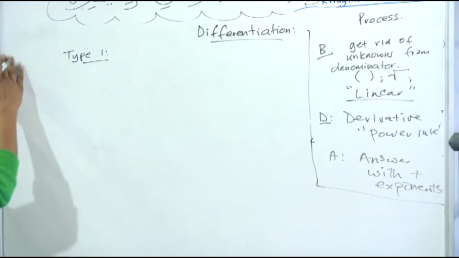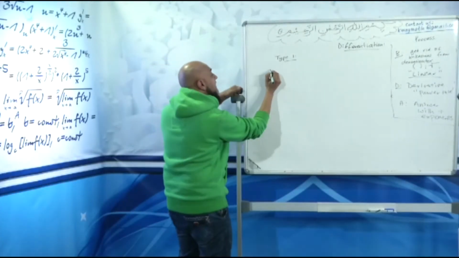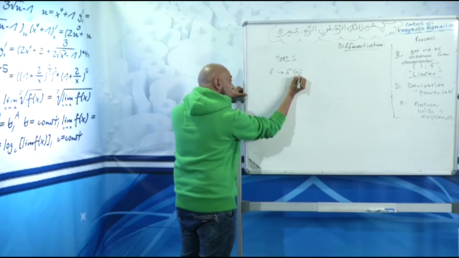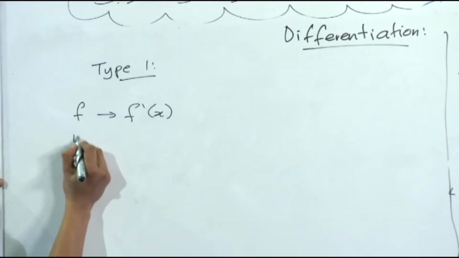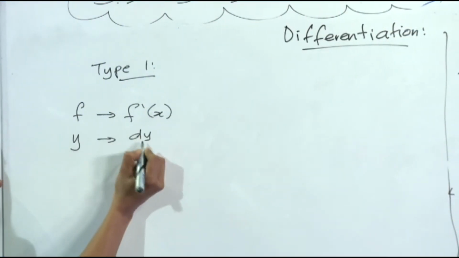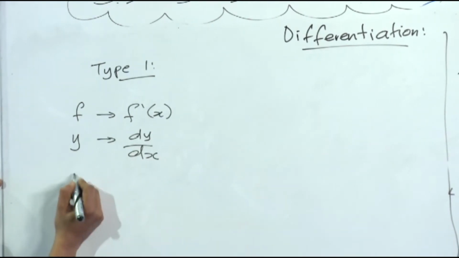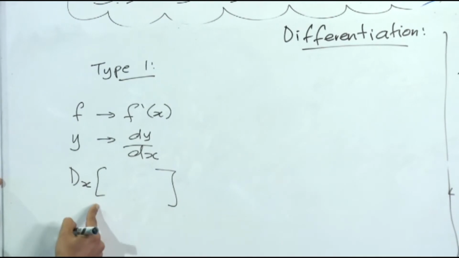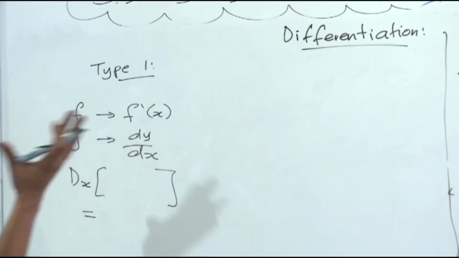Now, another thing before we start. If a question is given in terms of f, your derivative will be given in terms of f dash x. If it's given in terms of y, you're now going to say dy over dx. If it's given in terms of d over dx, like this in brackets, when you're finding the derivative, you'll just say equal to and blow out the brackets.